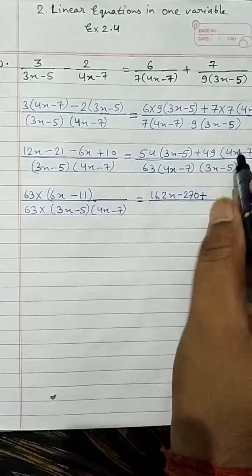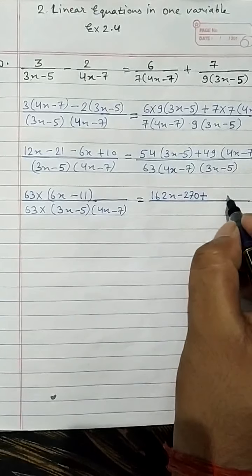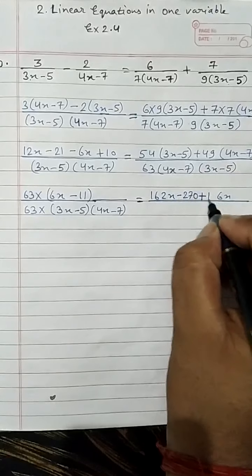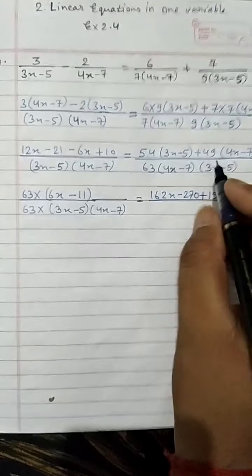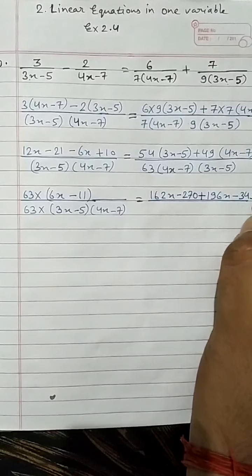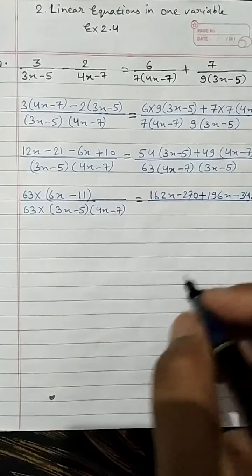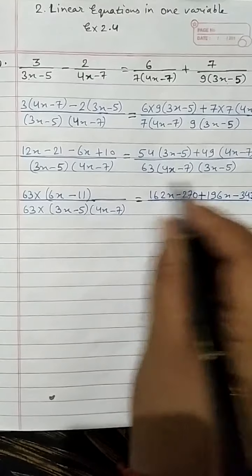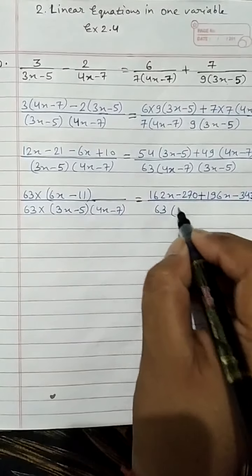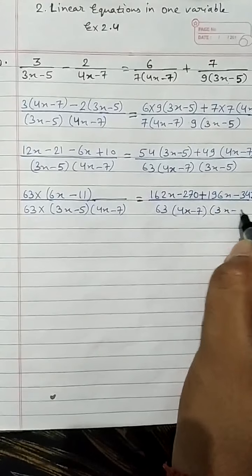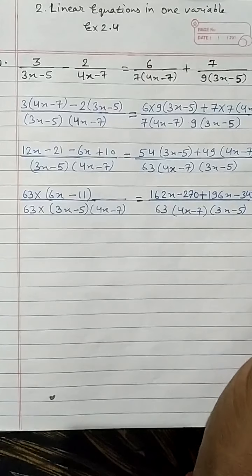Plus sign, 54 is 36, 4 fours are 16, plus 3 is 19, 49 sevens are 343. And below we have 63, 4x minus 7, 3x minus 5.